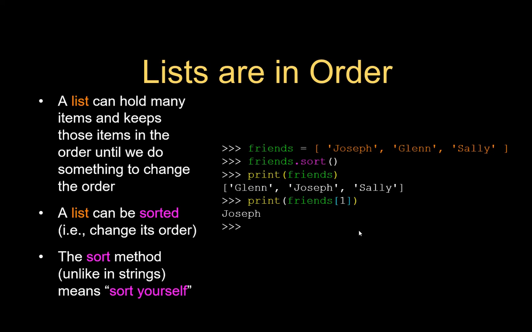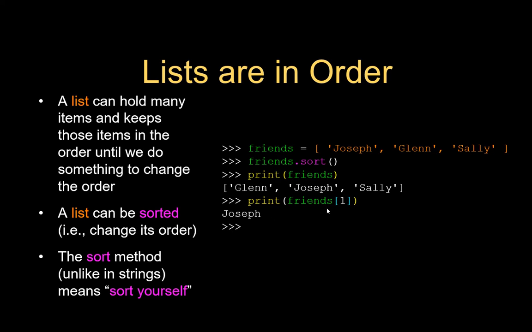Okay, so sometimes we need to sort the content of the list that we have. In this case we have 3 strings in our list. When we call the sort function upon this list and we print it, we get the names in alphabetical order. And if we print friends square bracket 1, meaning this is position 0, this is position 1, we get Joseph.